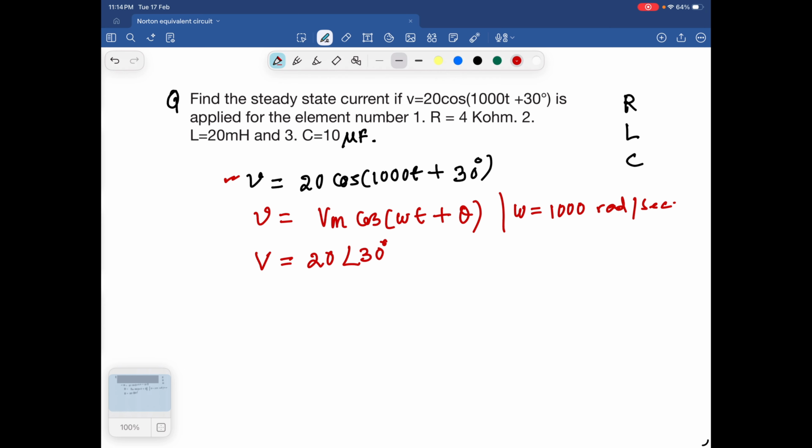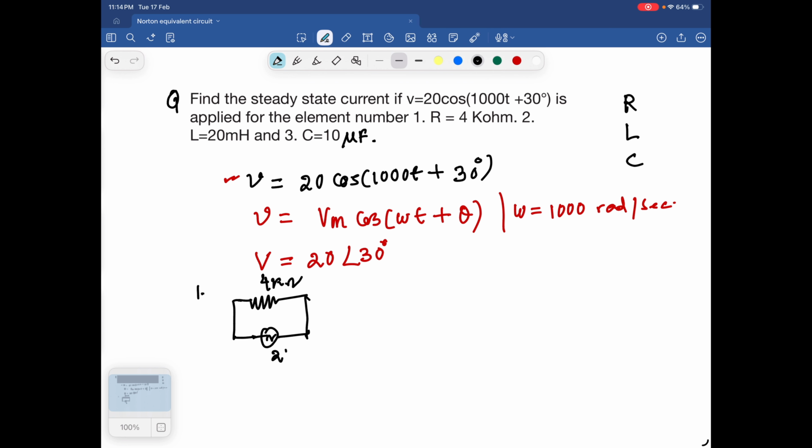And what is given? There is a circuit. In circuit number 1, one resistance of 4 kilo ohms is connected across this voltage.